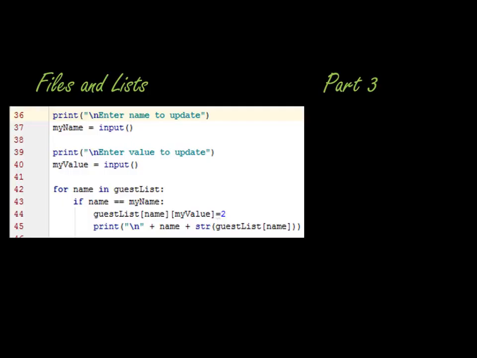Now this is kind of cumbersome here where we have to go in and mess with the code. So let's go ahead and set it up with lines 36, 37, 39, and 40. So what we're going to do is prompt for the name and prompt for the value that we're going to add in. And so now our dictionary becomes very user-friendly.